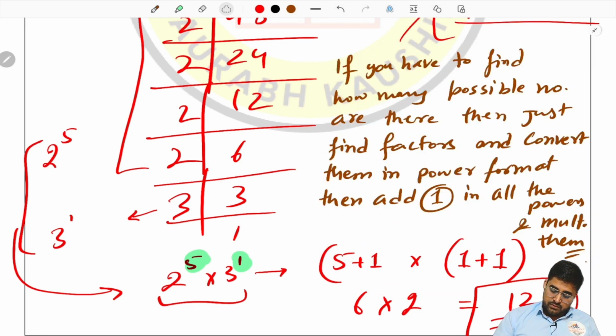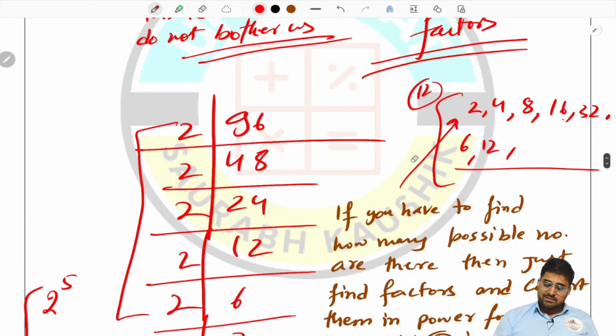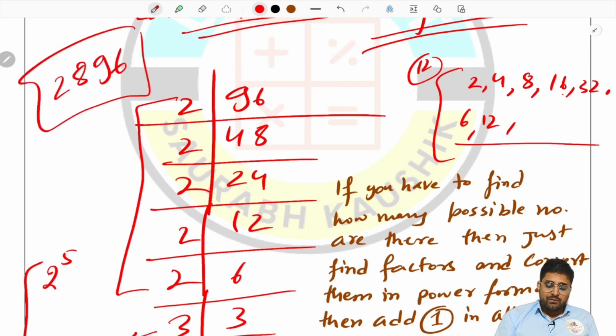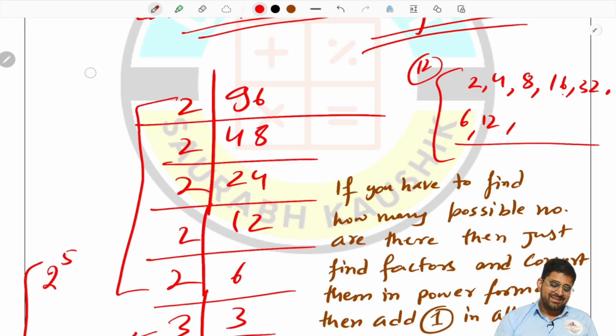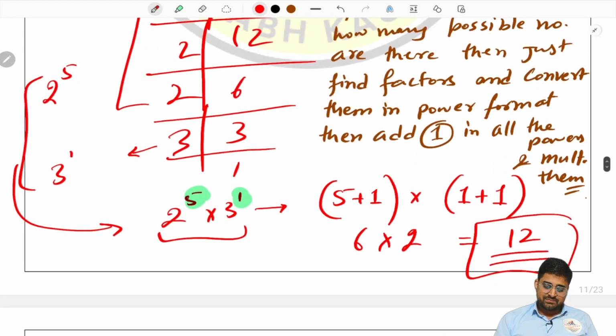I hope you understand. One way is to multiply everything and you will get it, but if the number is big, it will take years to solve. So go through this. I hope you get to understand. This is a very good question and a basic one.